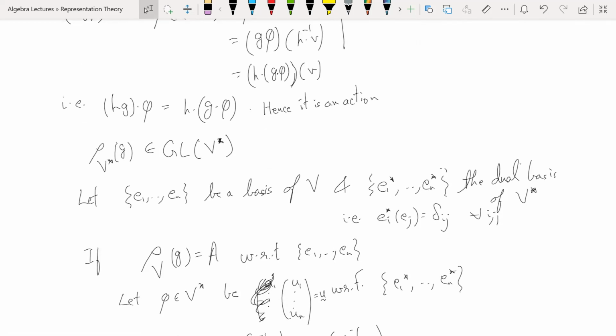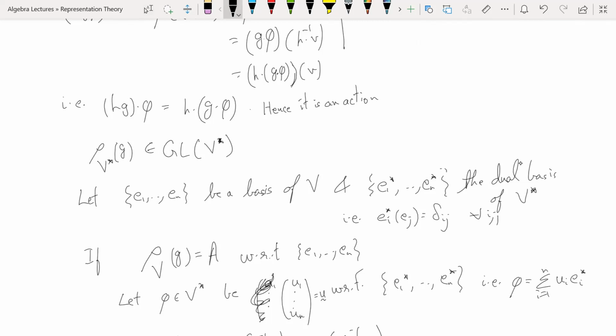Since E1 star to En star is a basis, you can write down the coordinates of phi in terms of E1 star to En star. This will be U1 to Un, which means phi is the summation of Ui Ei star.